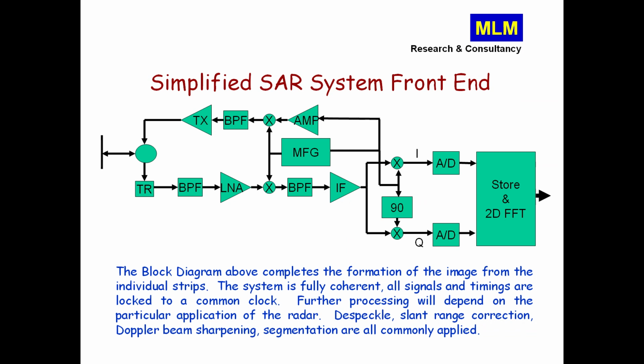Pass it through two more mixers using the original signal we fed in, and we'll get in-phase and quadrature signals, through analog to digital converters, and then through FFT, which will complete the lensing operation. What happens after that is up to you. You're now down to numbers, and it's whatever. You all have much the same techniques you use, so there's no great point in talking about that.